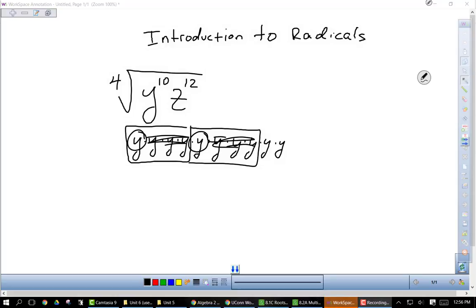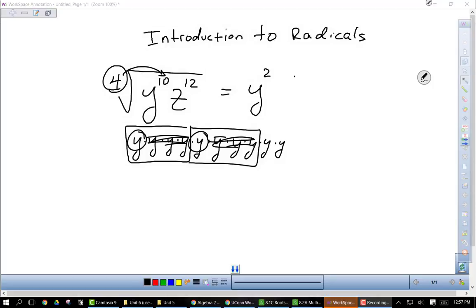But there's actually an easier way to do this. If I say how many 4's go into 10, you're going to say, well, 2 of them go into 10. Exactly. So that means I can pull out 2 y's. How many are left over?